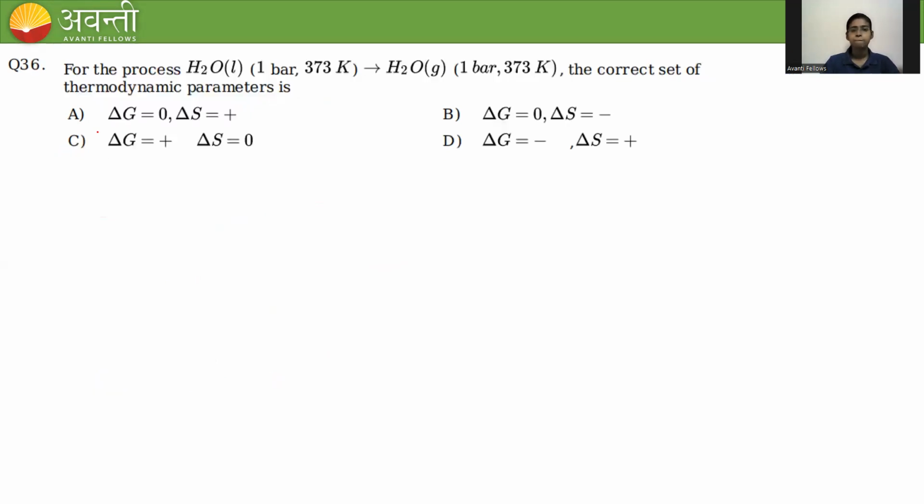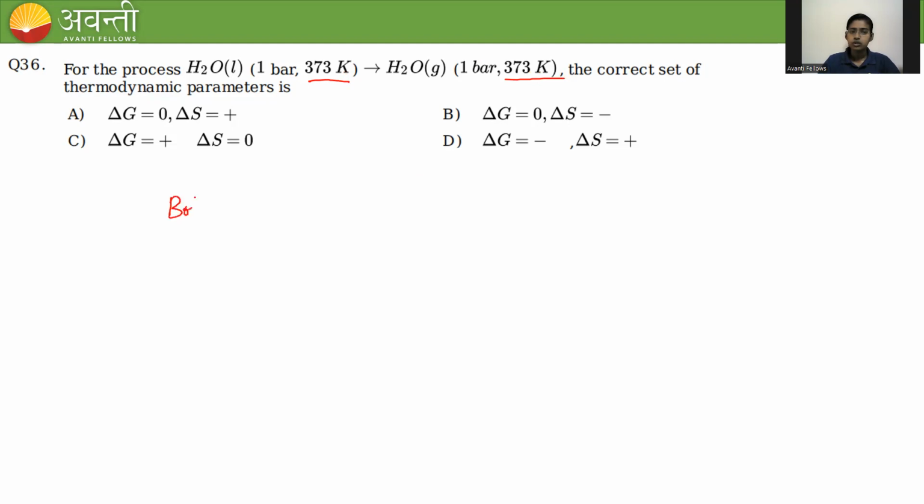Okay, then coming to question number 36. For the process H2O in liquid state getting converted to the gaseous form at 1 bar pressure at 373 Kelvin, what is the correct set of thermodynamic parameters? Here if you check, both are at the same temperature.